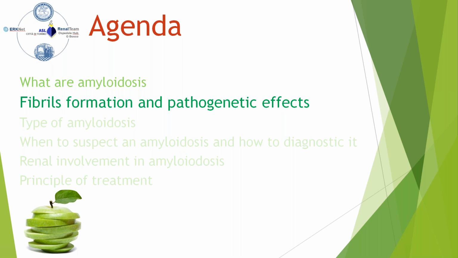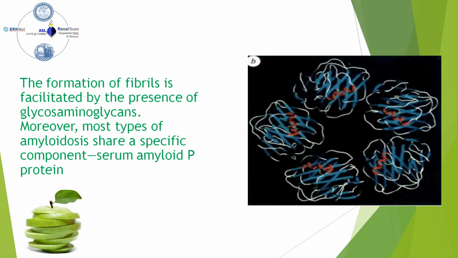And now we can see better how these fibrils are formed. First of all, the fibers are not formed by only one type of protein. In fact, typically the deposits include also glycosaminoglycans that facilitate the deposition of amyloid fibrils.